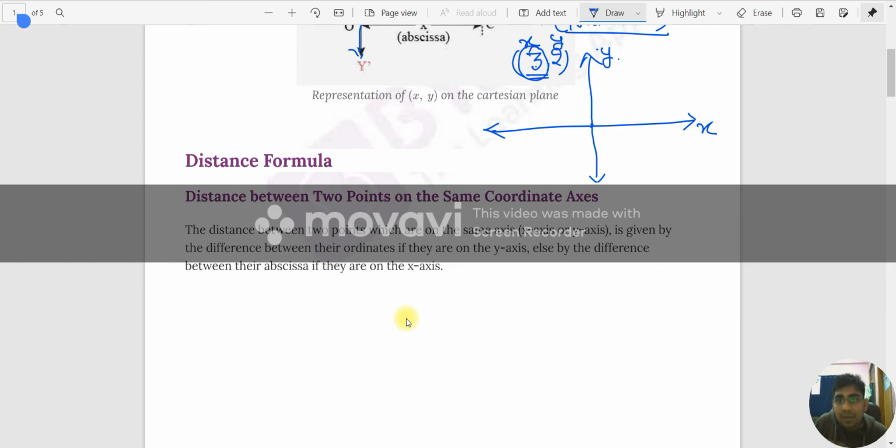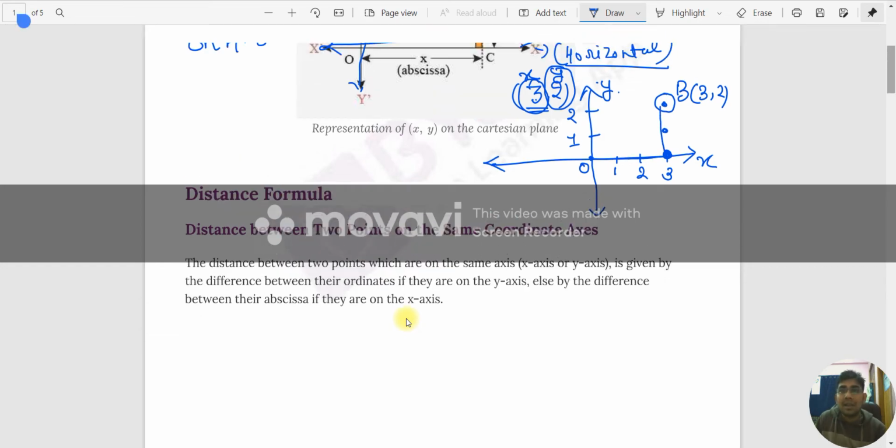So we will mark here 0, 1, 2, 3. We come to this point and we stop at this point. Now we see how much distance on the vertical axis or y-axis. Here 2 is given, so we will go 1, 2. So this is our required point B (3, 2). So by this we can reach the point (3, 2). Okay, so this is our required point.